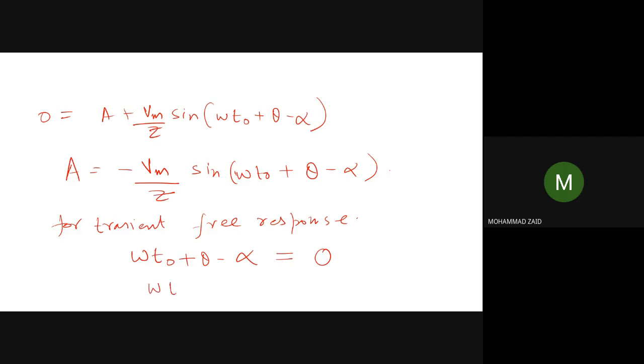So omega t naught will be equal to alpha minus theta, and t naught will be equal to alpha minus theta divided by omega. This is the time t naught, which is equal to alpha minus theta by omega.